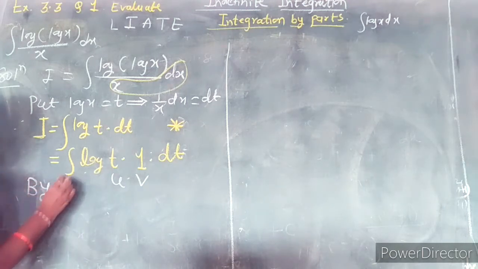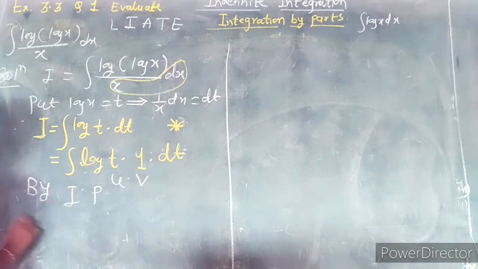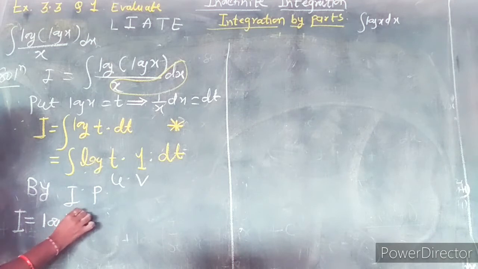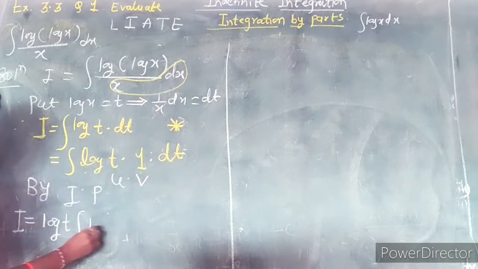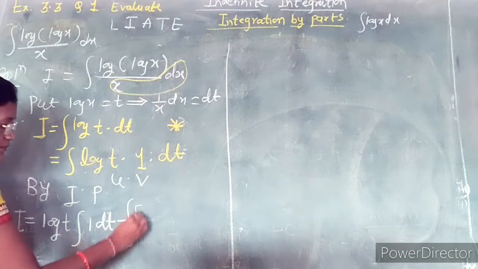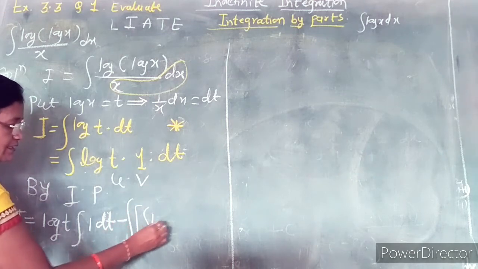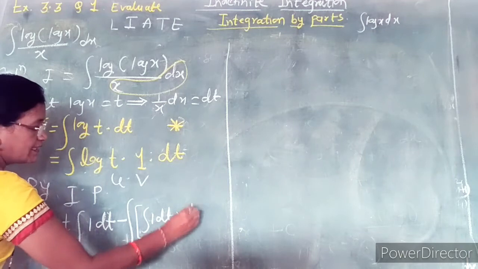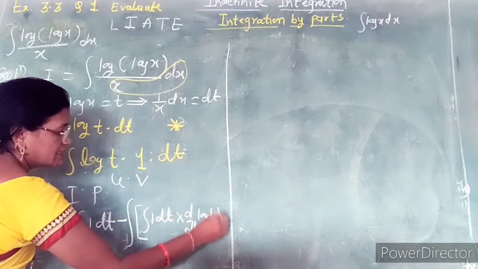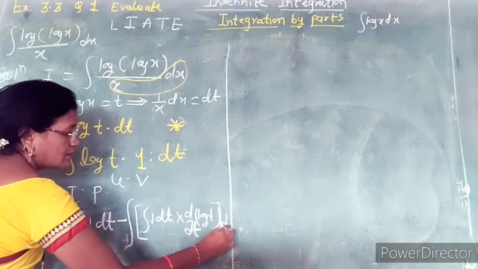So by integration by parts we get I is equal to u, that is log t, times the integral of v, meaning 1 with respect to t, minus the outer integral of the integral of v multiplied by the derivative of u, that is log t, with respect to t.